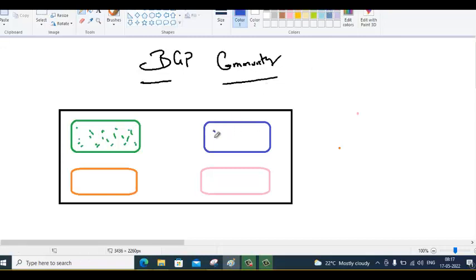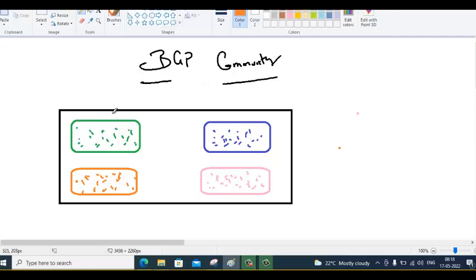Blue plant is also a plant. In the garden, we have a lot of plants. But not all of them are of the same community. Some belong to orange community, some belong to green community, some belong to blue community, but all are plants.